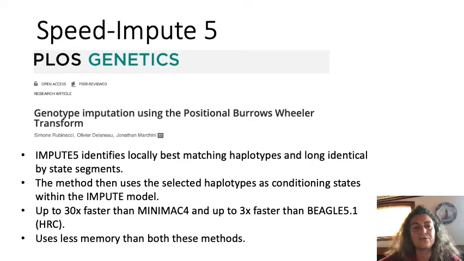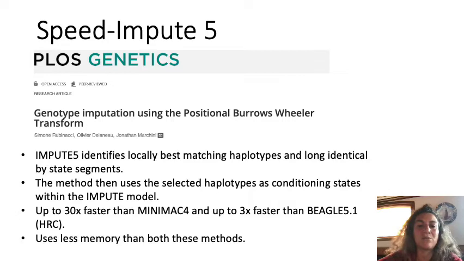Another important thing in terms of imputation is, of course, the speed. Increasing reference panel size improves accuracy of markers with low minor allele frequencies, but this poses ever-increasing computational challenges for imputation methods. So recently a new imputation software, Impute 5, was introduced from the same group.